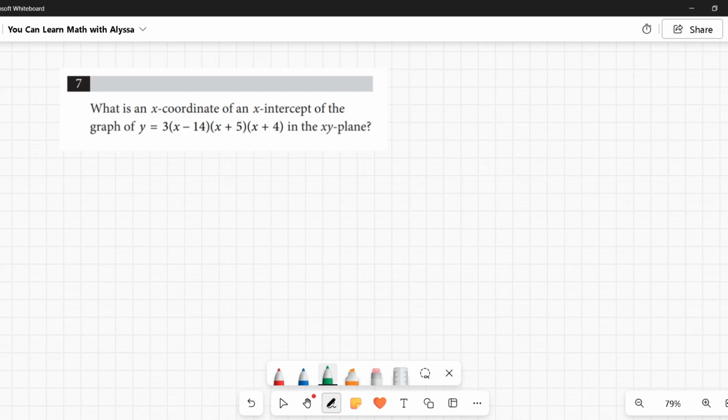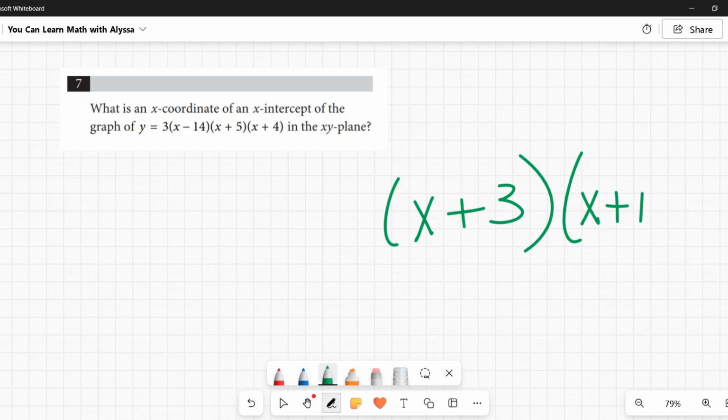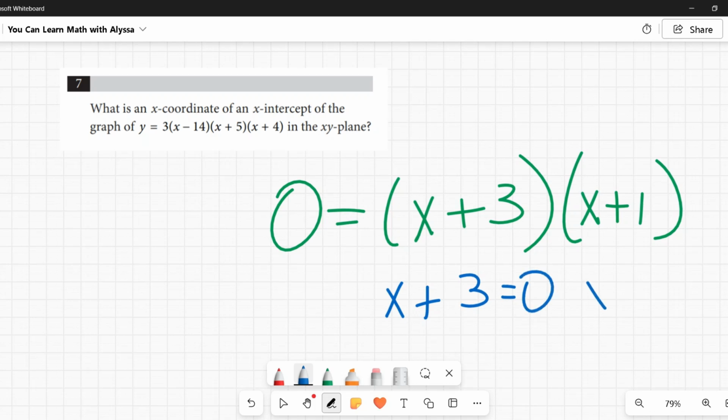When you factor a quadratic, because most of us have experience factoring quadratics, not necessarily cubics, we will end up, when we factor, with something like (x plus 3) times (x plus 1), and that equals 0. And if you've done that, and I'm hoping you have, because that should be a part of your SAT prep, learning how to factor, the way you solve for x and find a solution of the quadratic is you set each of these equal to 0.